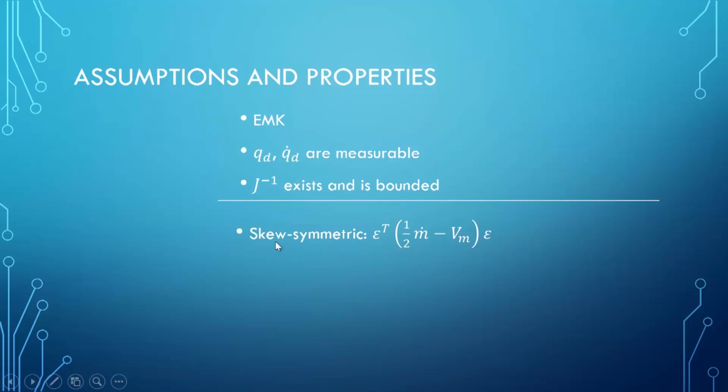And the property here is the skew symmetric. Here you can see that in the bracket you have m dot, right? Because as we mentioned, m is a function of q. In other words, it's a function of time if q is not constant, right? So to cancel out m dot, we can use these properties. This is called the skew symmetric property, and this is a useful property for any robot manipulator system.